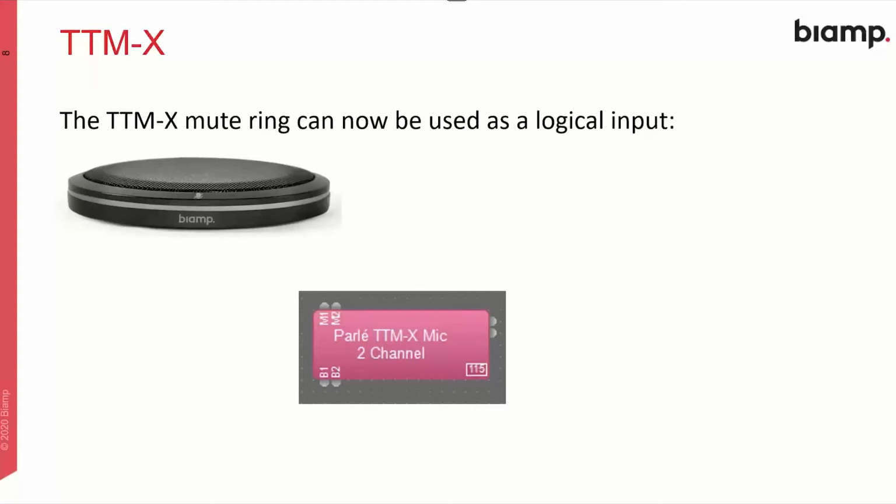And that logical input node is actually a momentary logic and can be used programmatically as you need to within the Tesira file. So this will open up additional programmatic behaviors that you can configure when you're commissioning and designing Tesira systems with Parle TTM-X.